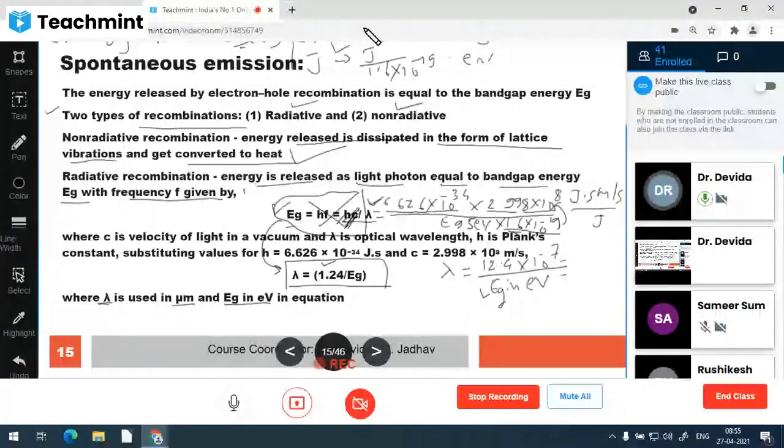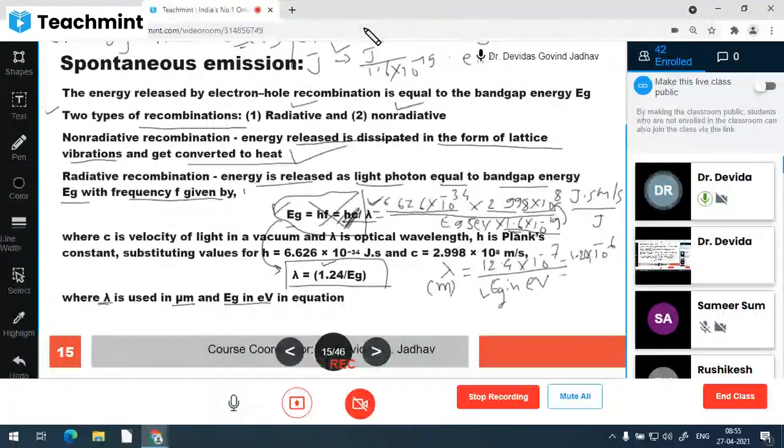So this calculation gives the wavelength in meter, isn't it? Now suppose 12.4 into 10 raised to minus 7 is written as 1.24 into 10 raised to minus 6.